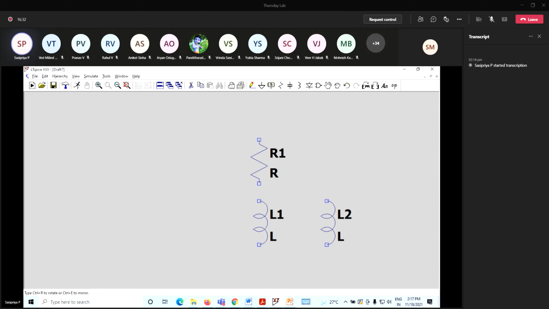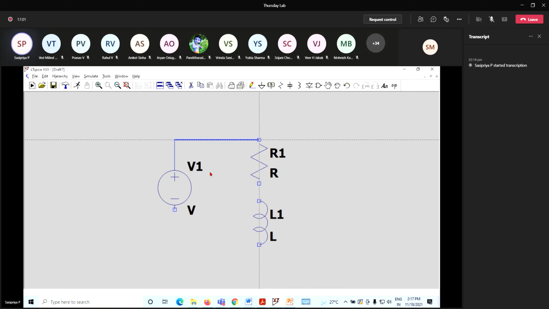In this LT Spice we have only one voltage source, but this source can be configured or customized for any type of source: DC source, AC sinusoidal signal, or any type of input signal. Before I apply the values, first let me connect all the components, a series circuit.